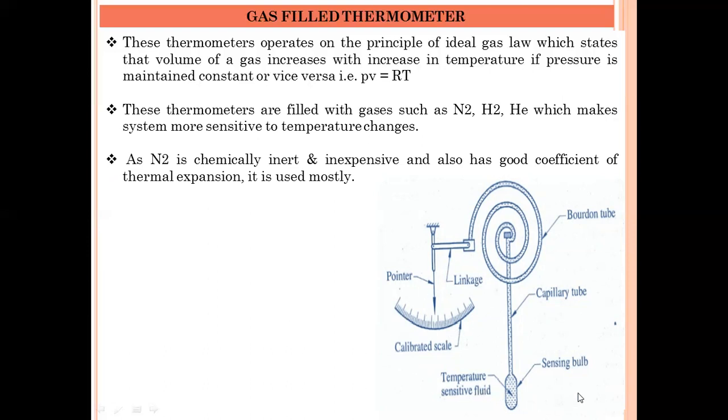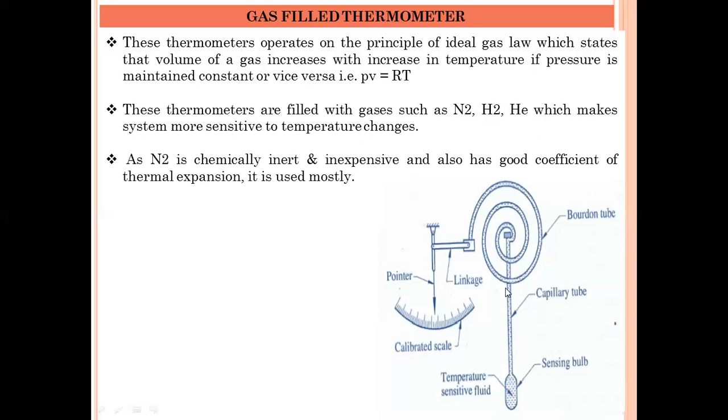The body or object whose temperature is to be measured is brought in contact with the sensing bulb having the sensitive fluid. As soon as there is a rise in the temperature, this fluid tries to expand and moves through the capillary tube and enters the elliptical Bourdon tube.